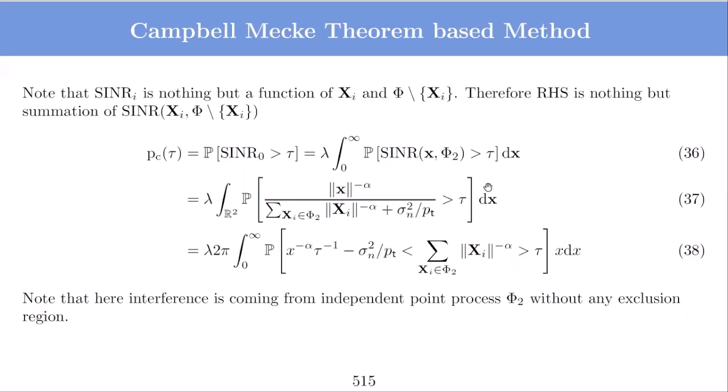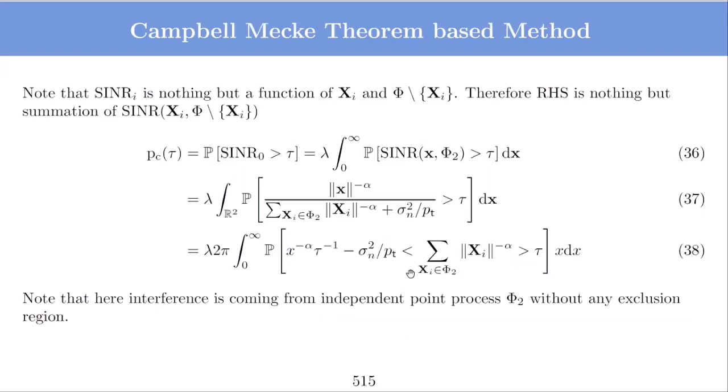Now again, I can put this here, and what I get is the integration of the probability that x to the power minus alpha times tau inverse minus sigma square is less than this. Now the problem is there is again this probability term coming where you need a CDF of I, which we don't know.